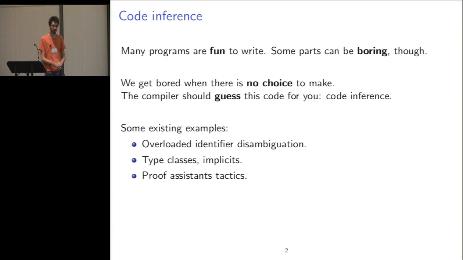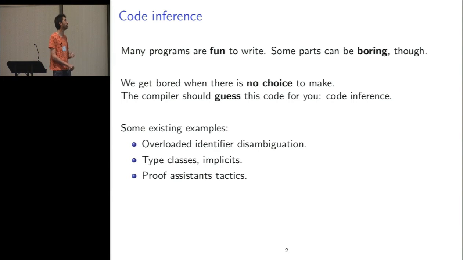So in fact, it already exists. We have many examples of this form of code inference. So typically, identifier disambiguation: which of the different objects with a given name do you mean, which can be determined by the type system in various programming language features.